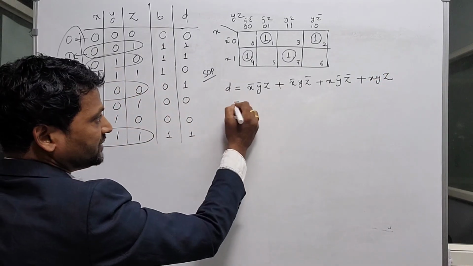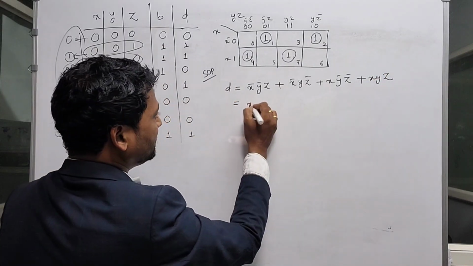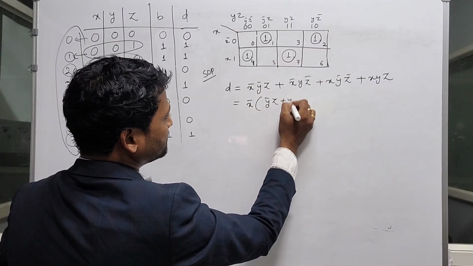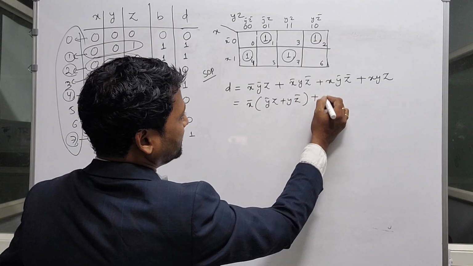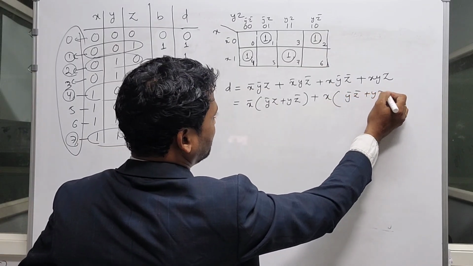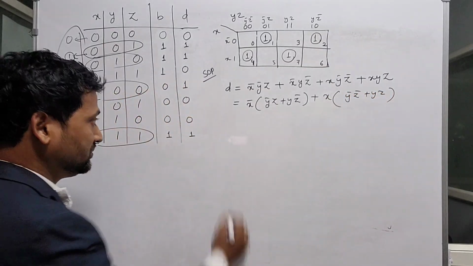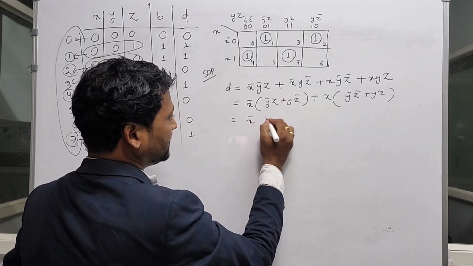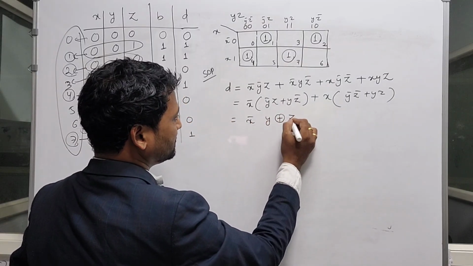Then we can simplify it. I can take x bar as common, so it is y bar z plus y z bar. Here you take x as common, so it is y bar z bar plus yz. Now, y bar z plus y z bar, which gate is this? XOR gate, meaning y XOR with z.